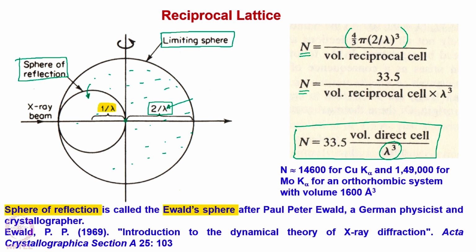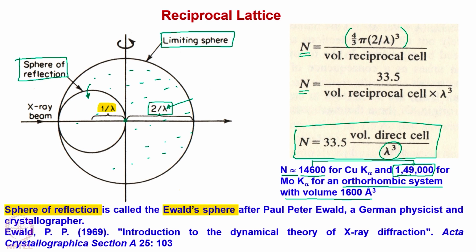Just for one example, when we have an orthorhombic unit cell of volume about 1600 cubic angstroms, if we use copper K alpha radiation, which has a wavelength of 1.54 angstrom, one can get about 14,600 reflections, whereas if somebody is using molybdenum K alpha radiation, this number of reflections suddenly jumps to 1,49,000 reflections.